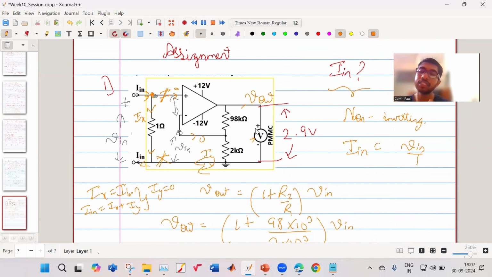Okay. So this is used in many circuits. And what is the input resistance of this circuit? The input resistance is 1 ohm. Now, this is kind of like an ammeter.